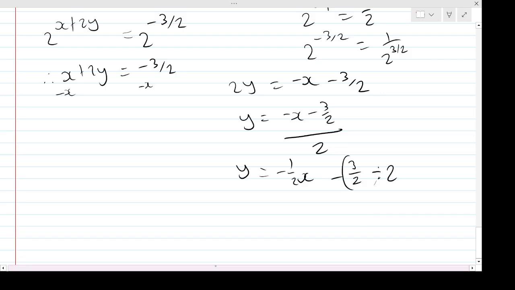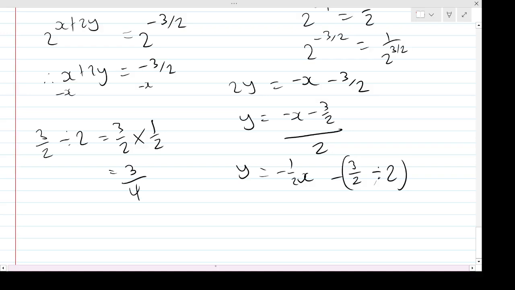Then, if you remember KFC, that's keep the first fraction, change the sign, and flip the second fraction. So flip 2, take the reciprocal to 1 over 2. Then if you multiply across, you get 3 over 4.